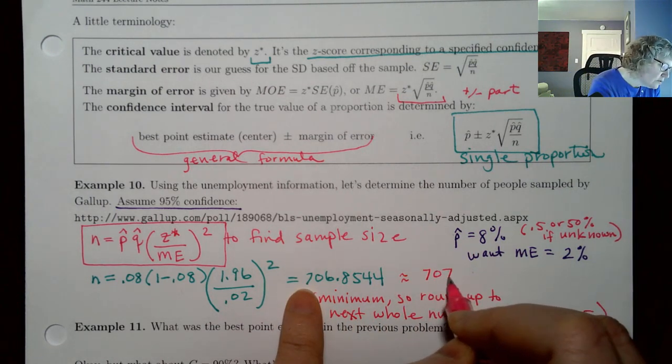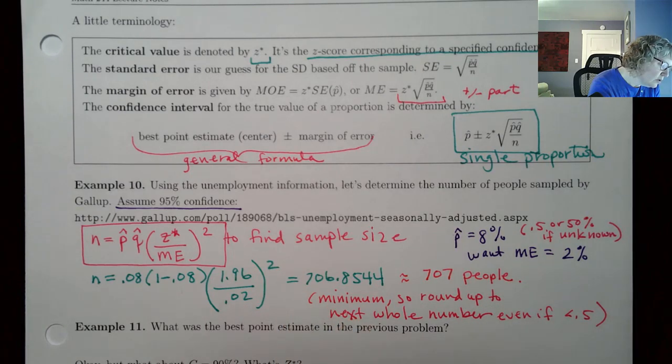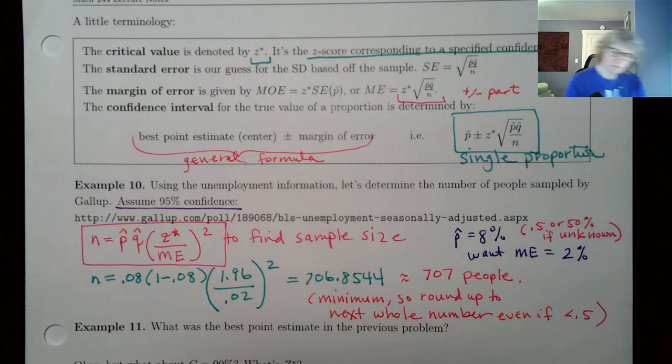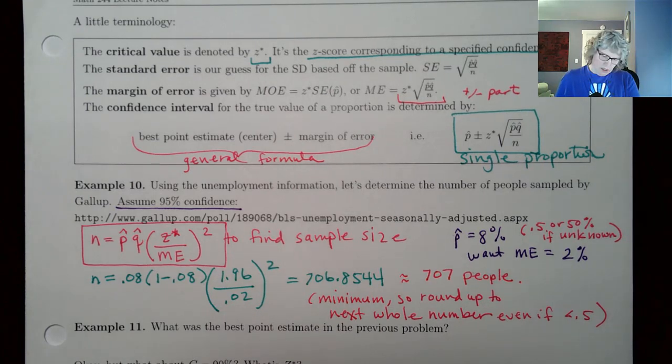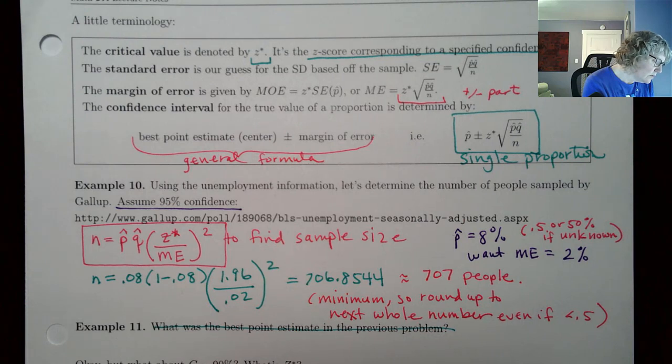So we need to survey 707 people. And I can write that out in a sentence. I'm not going to do this one.